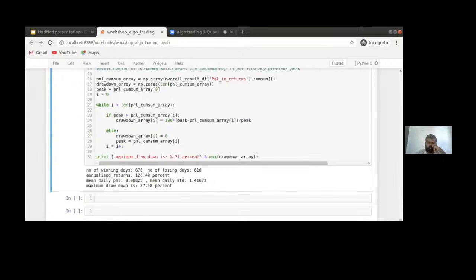So this basically means that whenever the peak was reached, from there my PNL dropped by 57%.